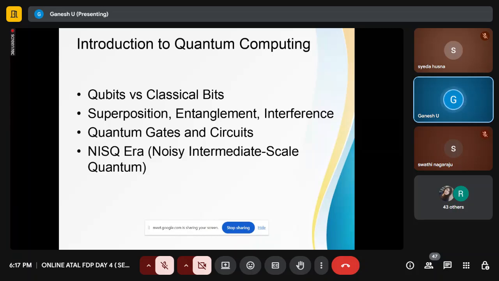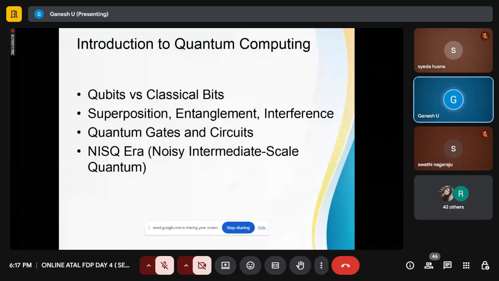Introduction to quantum computing. First, we will see qubits versus classical bits. Classical bits, we know the data is in the form of zeros and ones only, in binary format. In classical computers, the smallest unit of data is the bit. That is just switching on and off, 0 or 1.